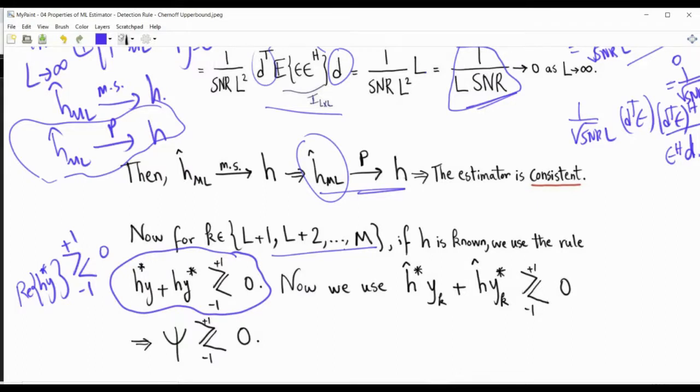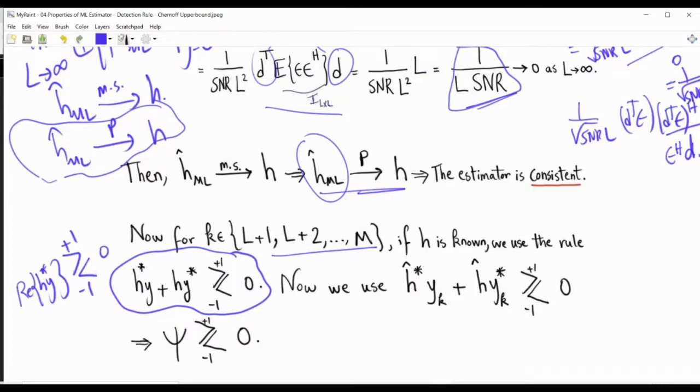And so the way to go is to use this same rule, replacing H by what you know about it. That is to say, replace H by its estimate.